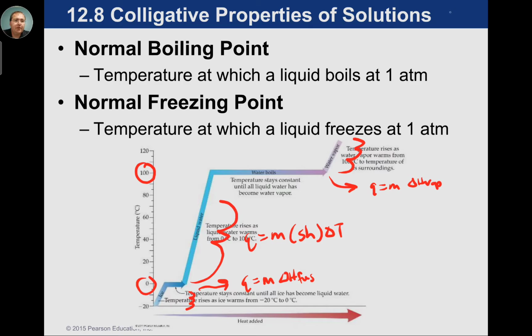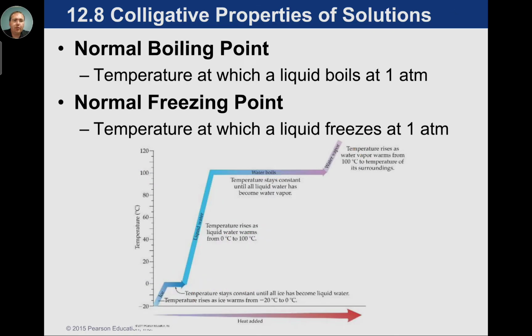My point in this exercise is we're changing the amount of heat needed to boil something or to freeze something. So we're basically making water boil more difficult and making water freeze more difficult.